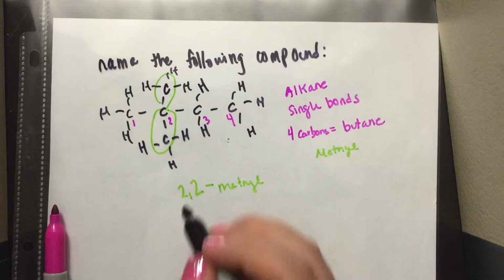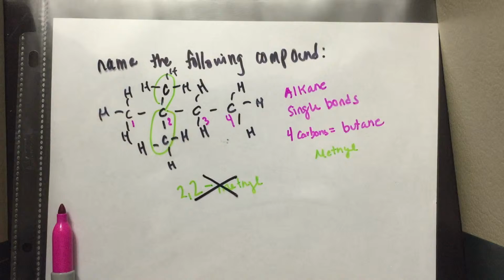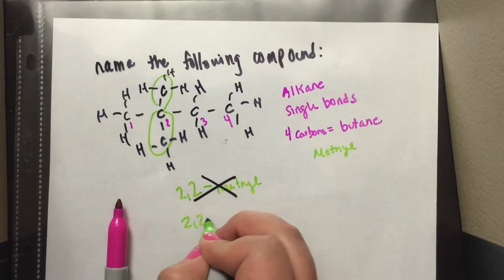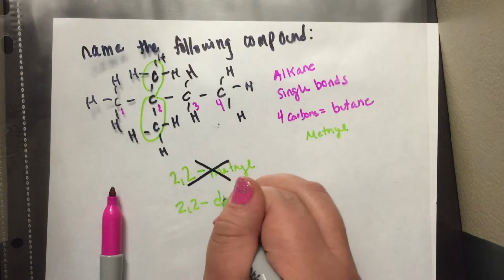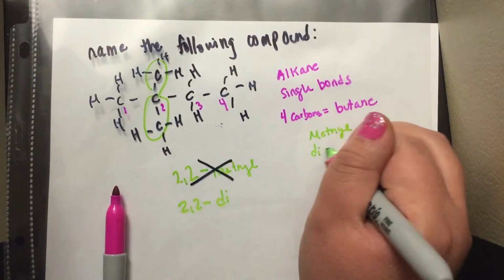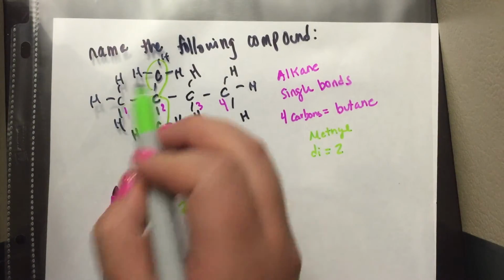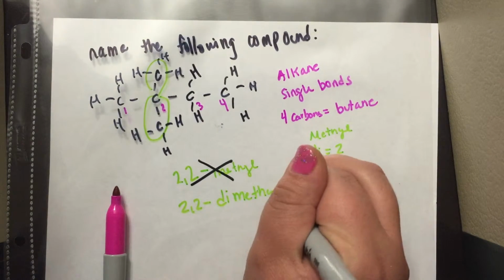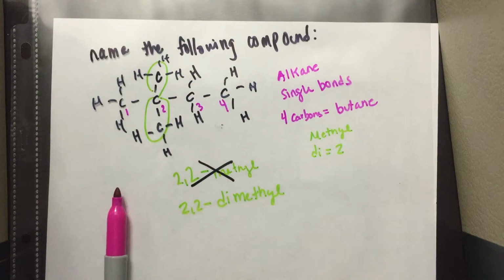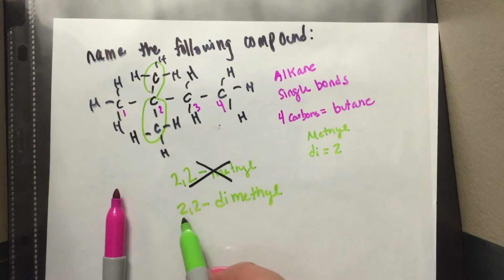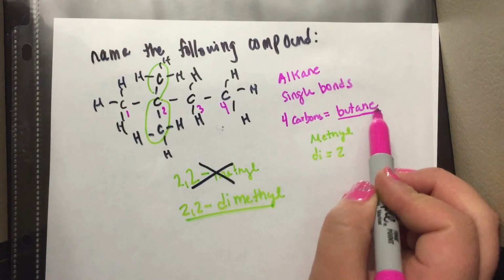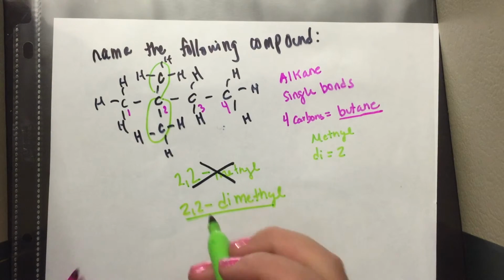you just wouldn't write methyl. That's incorrect. The way you do it is you have to use 2, 2 dimethyl. You got the dimethyl because you have 2 carbons on number 2, and there's 2 of them. Now you just add the butane to the ending.